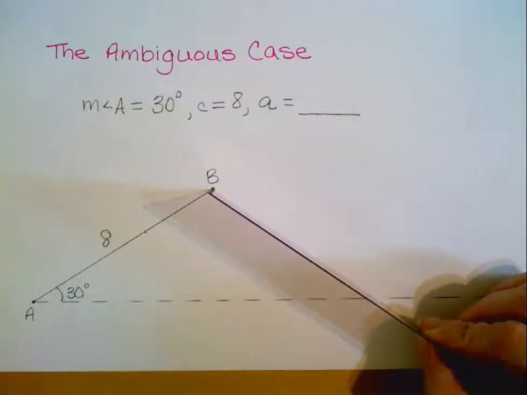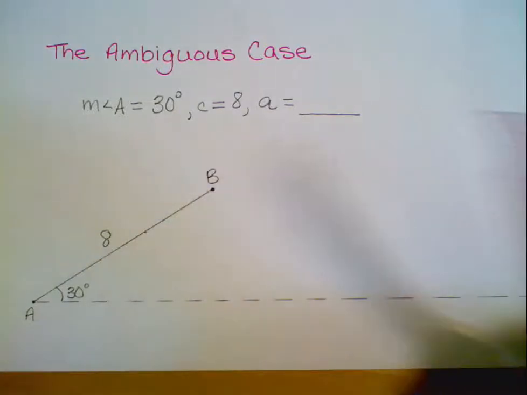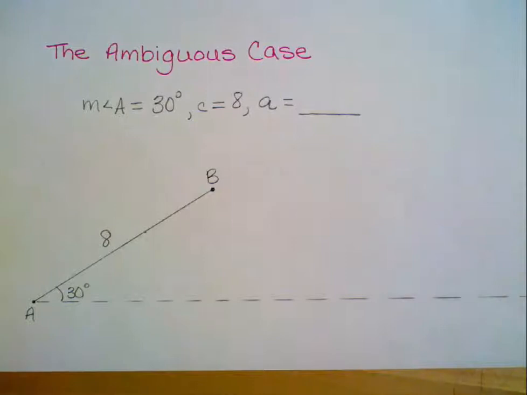So with the use of my handy dandy compass, we're going to be looking at what happens as this side opposite angle A changes in length. The first length that we want to look at is a length of 3 units.